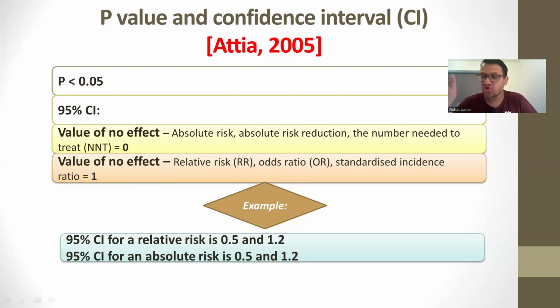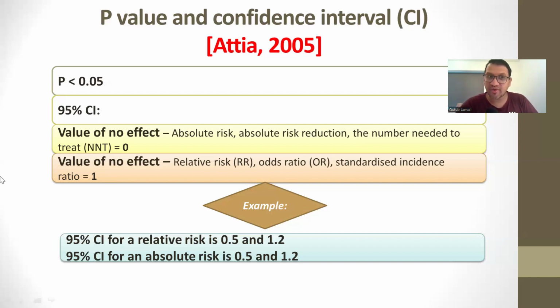No. 0.5, 0.6, 0.7, 0.8, 0.9, and then 1 and 1.1 and 1.2. There is no 0 there. So now, because 0 is not between the confidence interval measured, it means that this data is statistically significant. Does that make sense? Is it clear now?